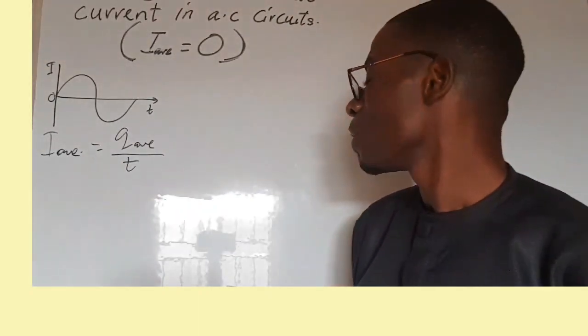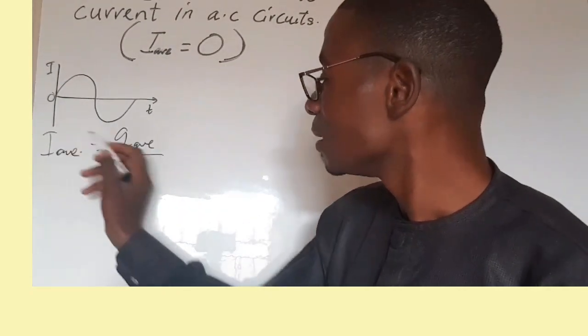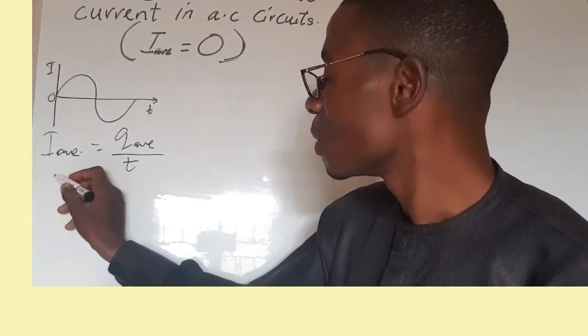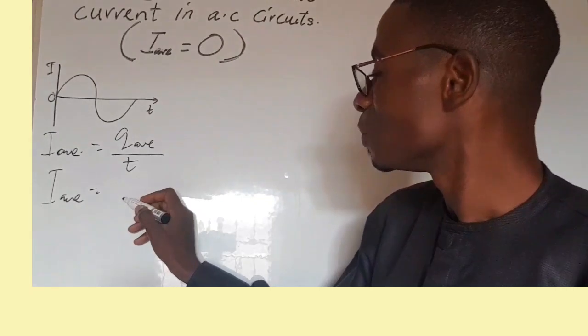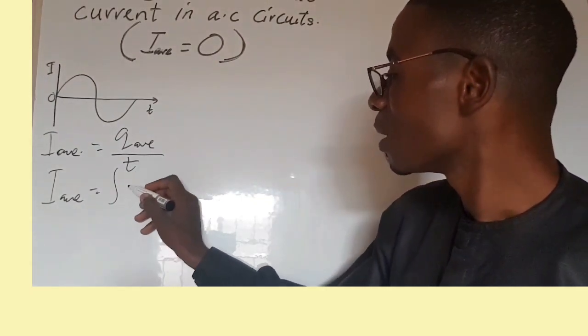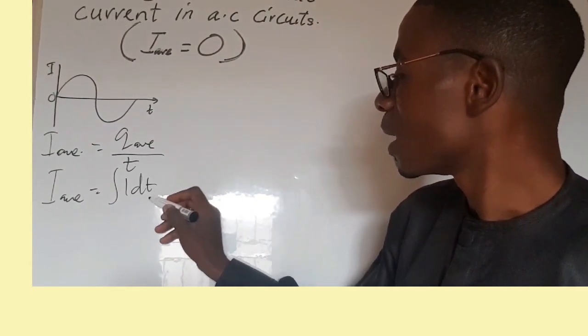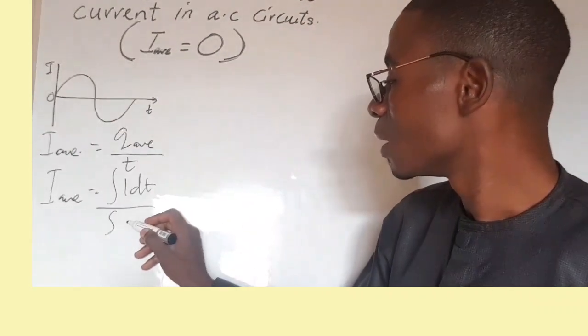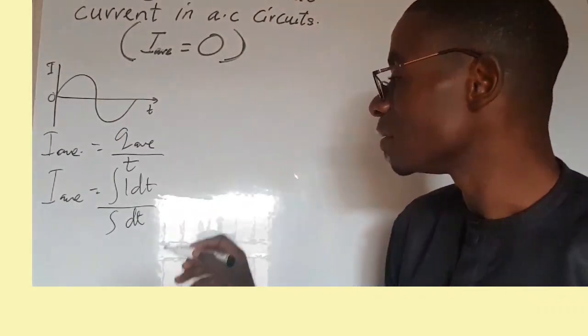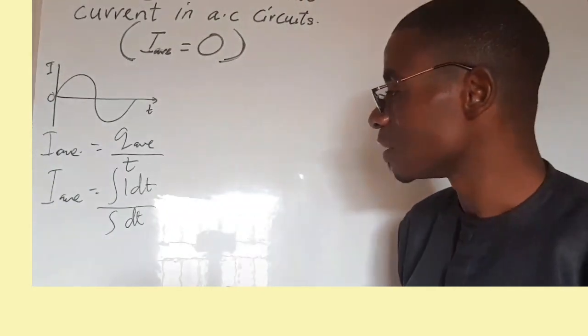So from there, we can write this very equation in this form. We can say average current is equal to integral of I dt all over integral of dt. This is how we can write it for convenience.